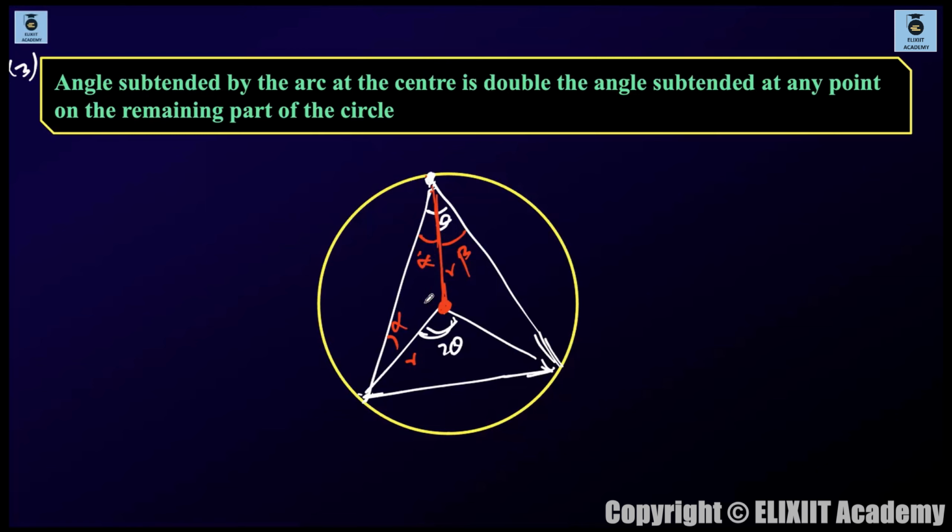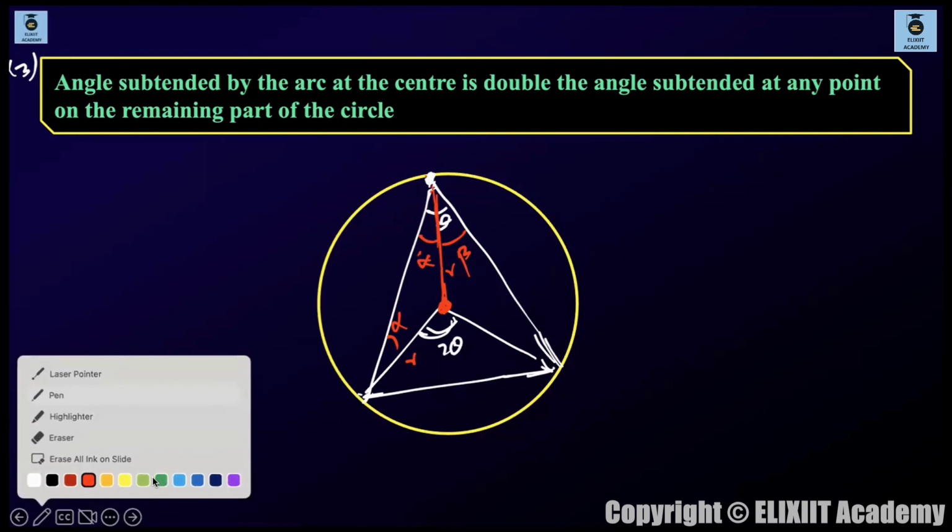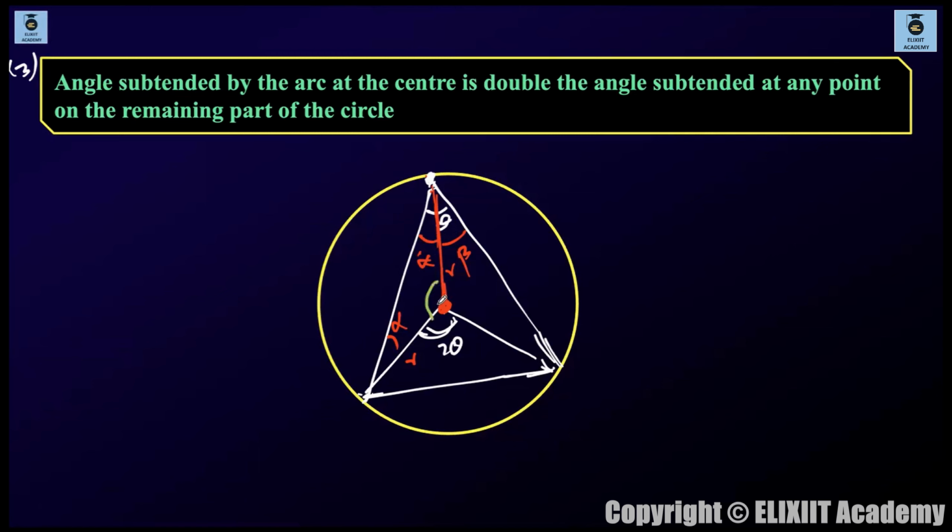Here we have R and here also we have R. So both of these angles will be alpha. So if this is alpha, how much is this much angle?